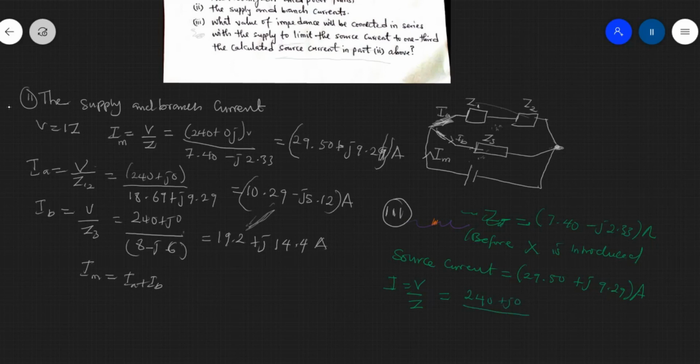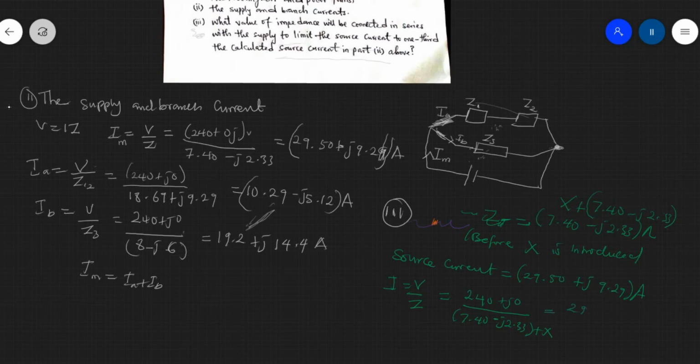So I have 7.40 minus j2.33 plus X, because X is going to be added. So the total impedance here is X plus 7.40 minus j2.33. We don't know the value, but we can solve for it.